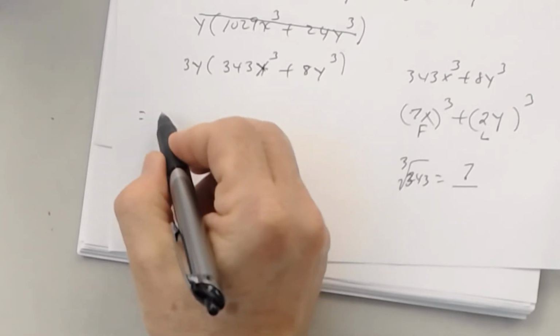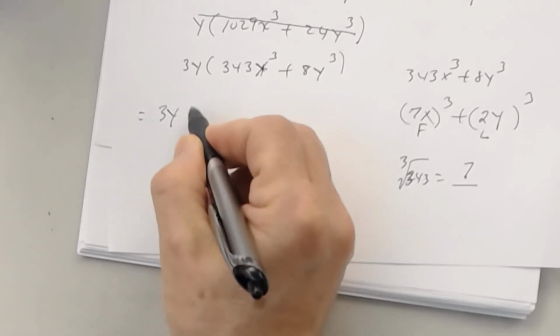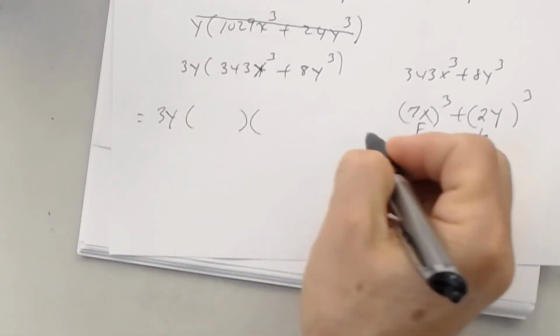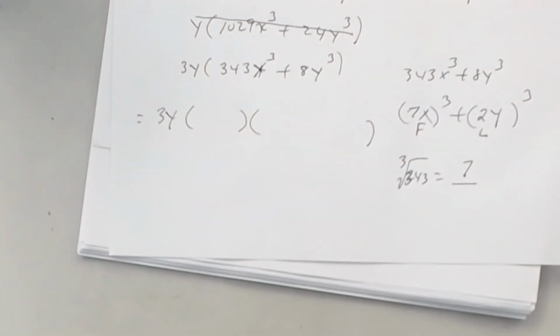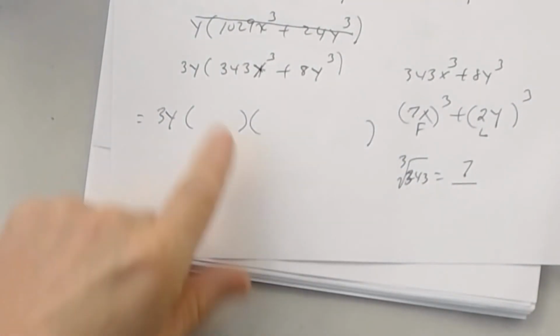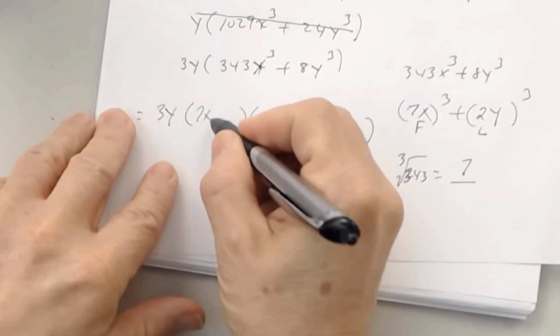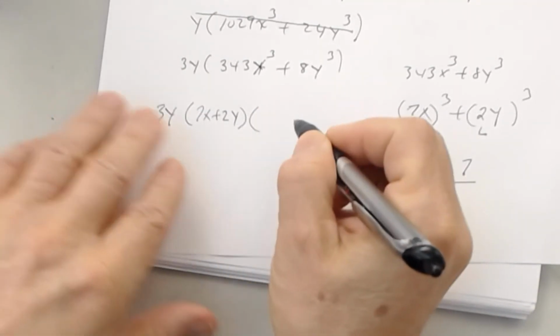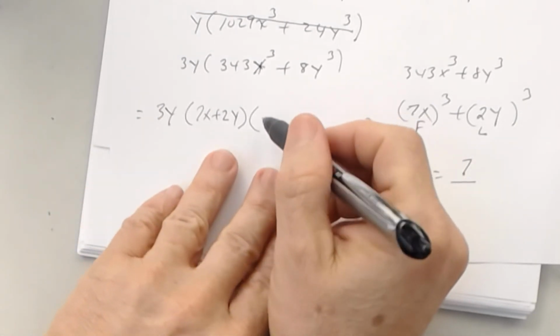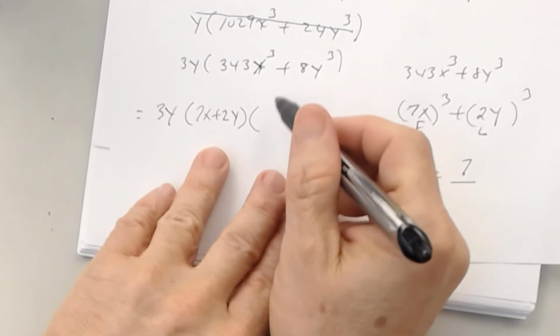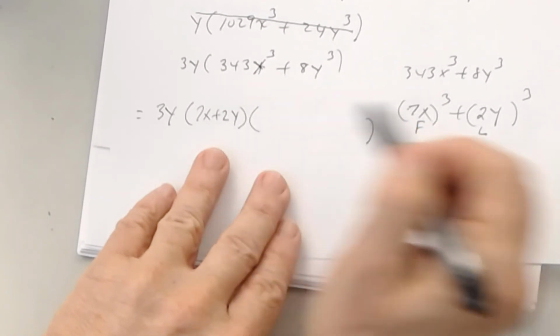So I found my F and I found my L. So my answer is going to be 3y, the GCF, times a binomial times a what? Trinomial. So don't forget your GCF. What is that binomial? That's an easy one. 7x plus 2y. Now let's talk about the trinomial. F squared. F is 7x.